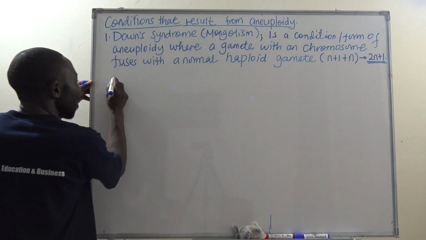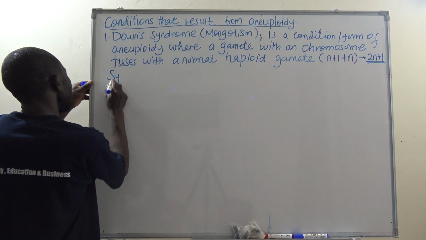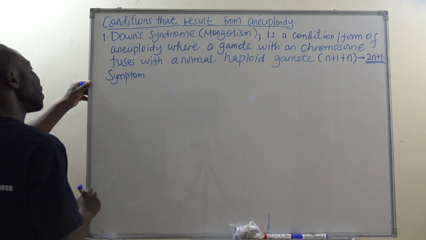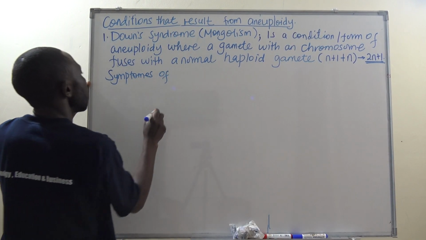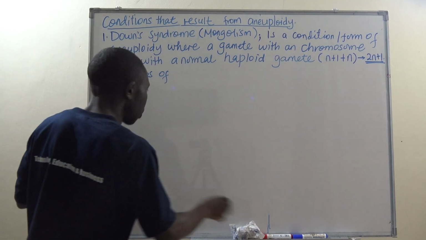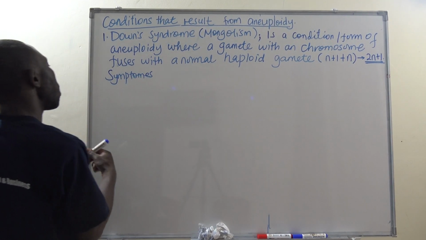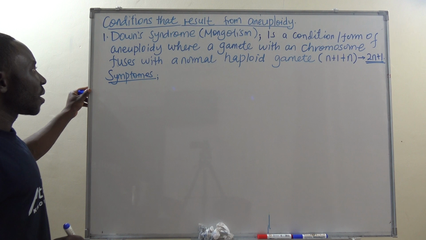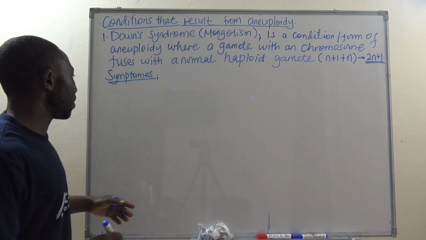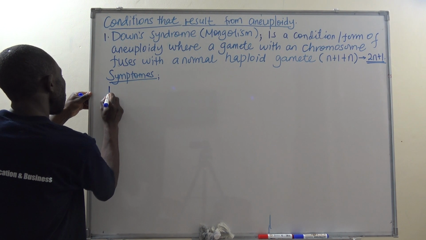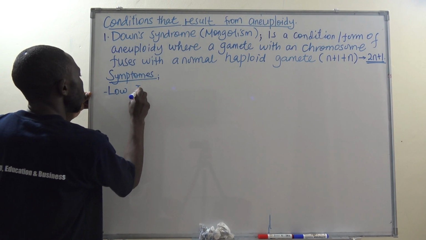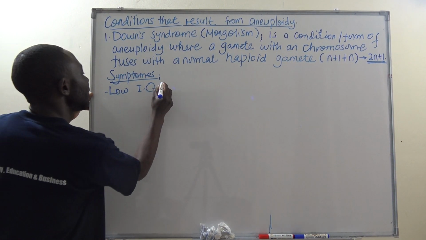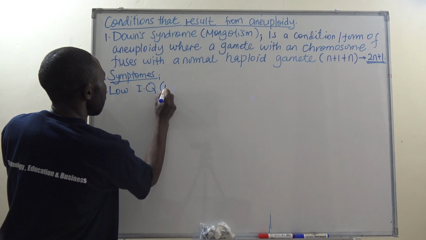Now, what are the symptoms of the disease? Symptoms in brief. So, one of the symptoms, since we are talking about Mongolism, is low IQ, low intelligent quotient, or we can call it mental retardation.